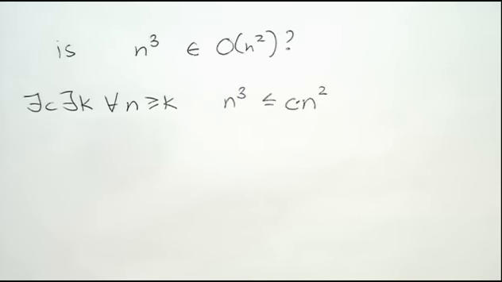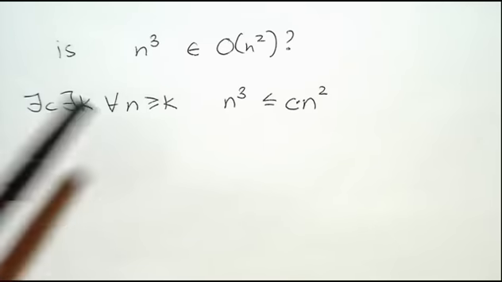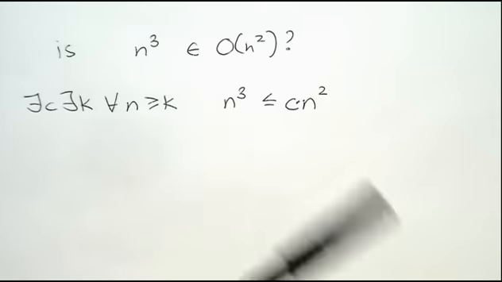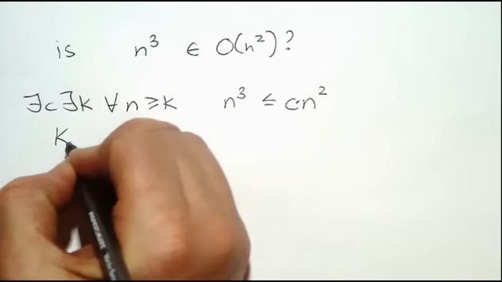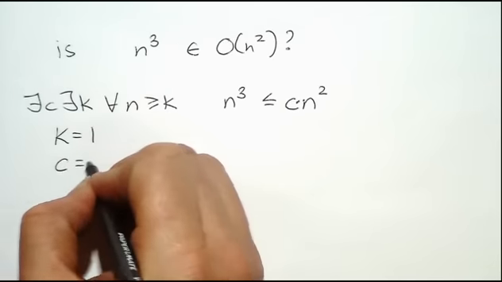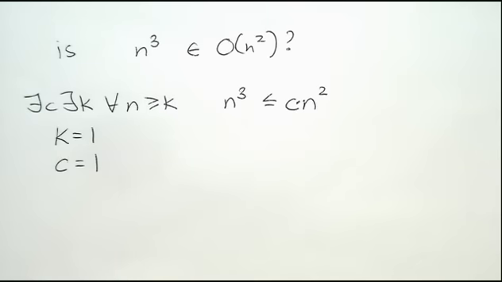Now remember when we did our predicate calculus, if a variable comes first, it can't change based on anything else. So once we pick c and k, n can get as big as it wants. That's really what's going to be the trouble here. Like I said, I usually pick k equals 1, and I pick c equals 1 if nothing else needs to be there.